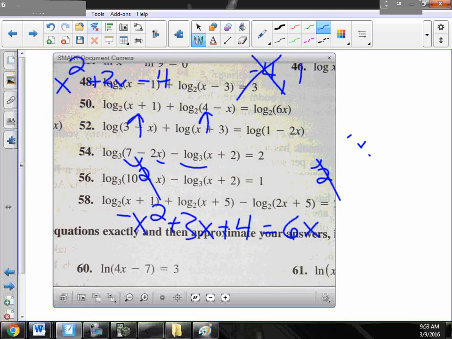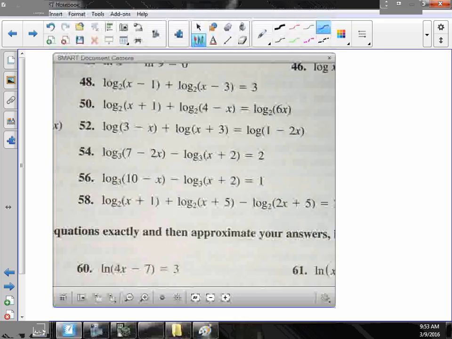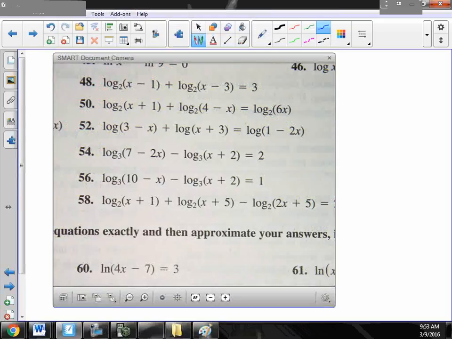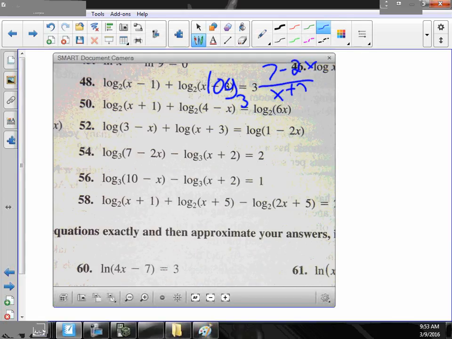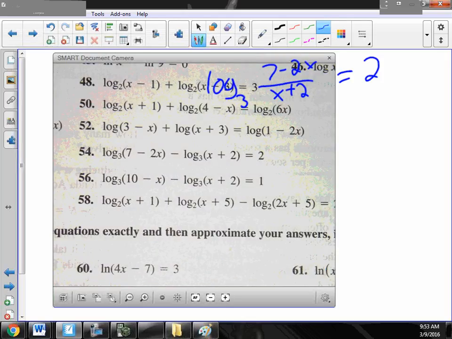What about 54? Not the product rule, quotient rule. So log base 3 of 7 minus 2x over x plus 2 is equal to 2. Now I only have a logarithm on one side, so I need to convert to exponent.